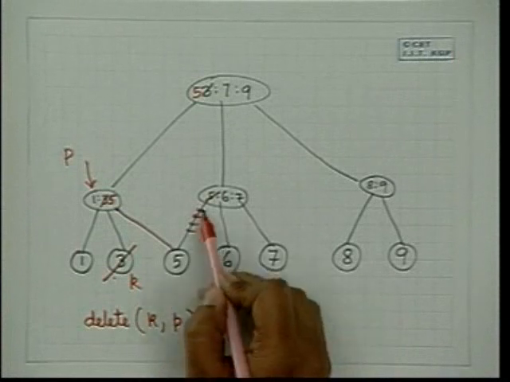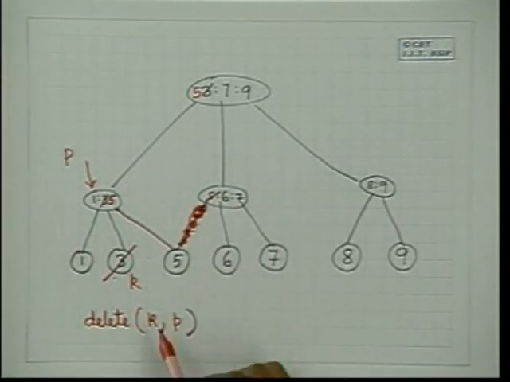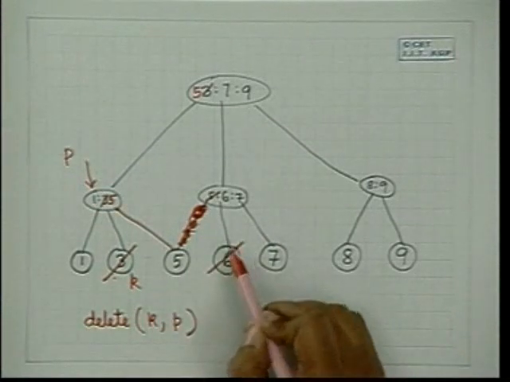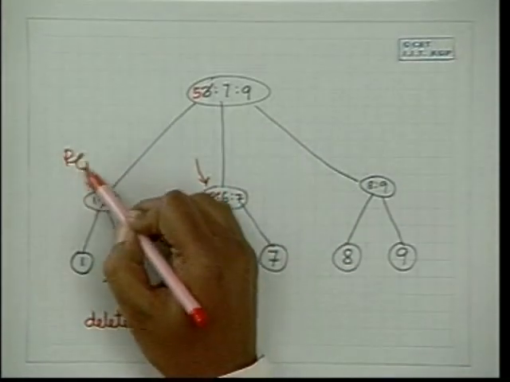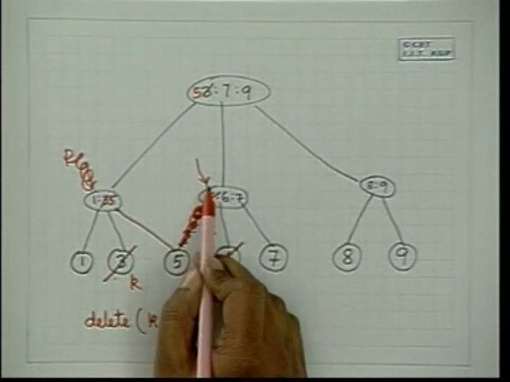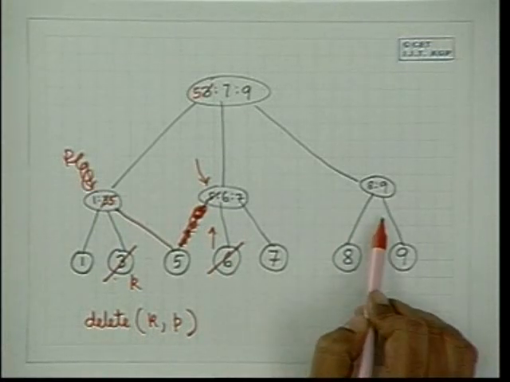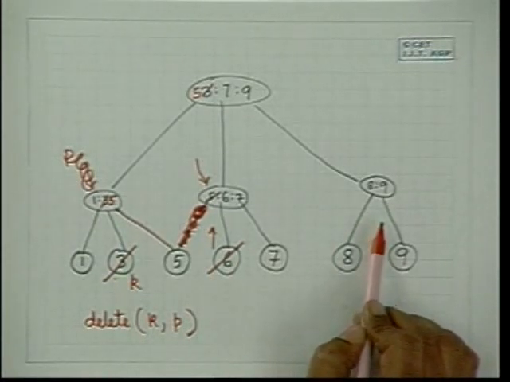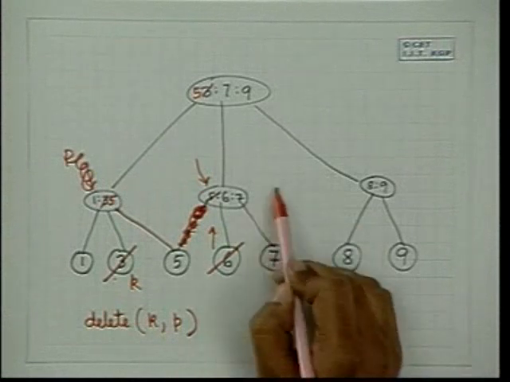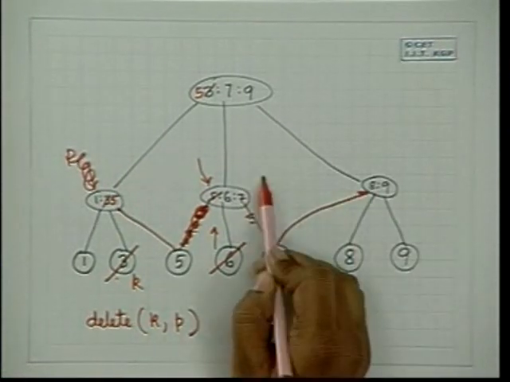Now if you want to delete 6, fine, that's interesting. Now suppose you want to delete 6, so you have to first find 6 and delete it in this node, right? Look at its right brother, it has got 2. Since it has got 2, you will push this one here.